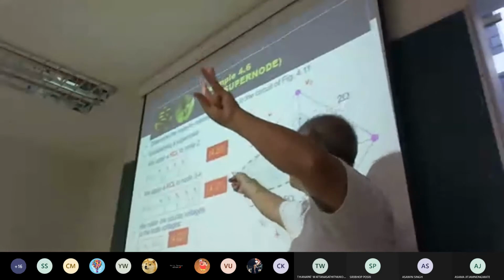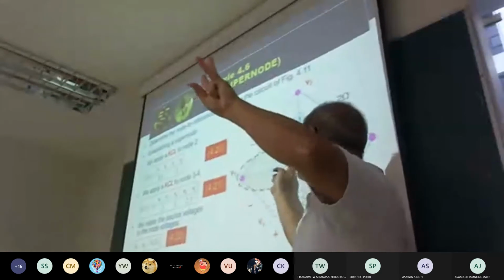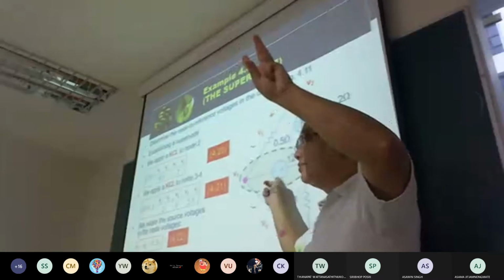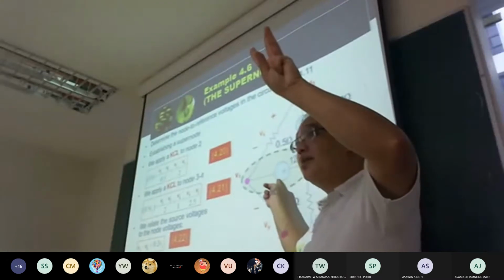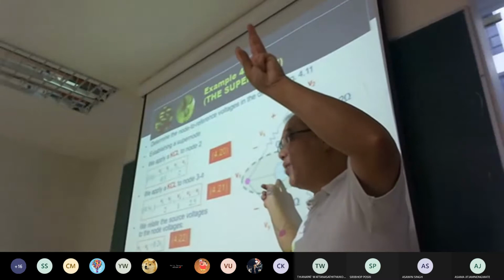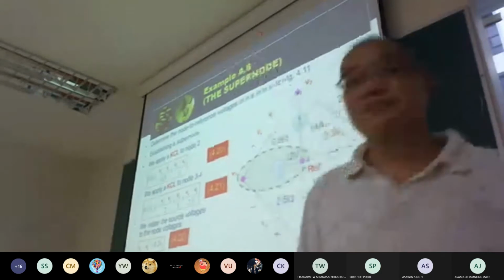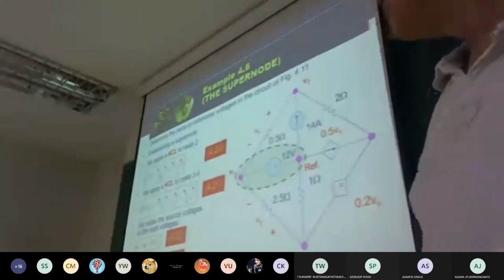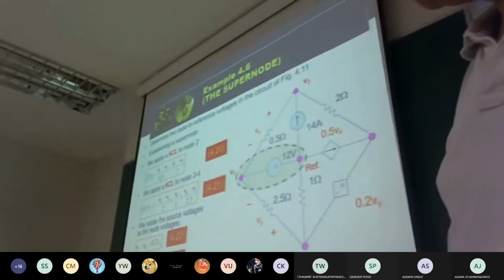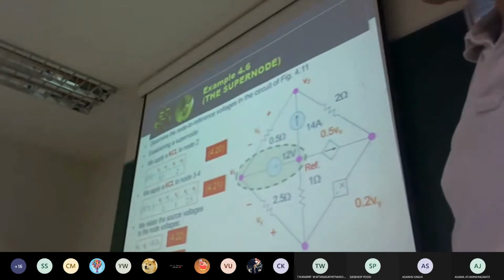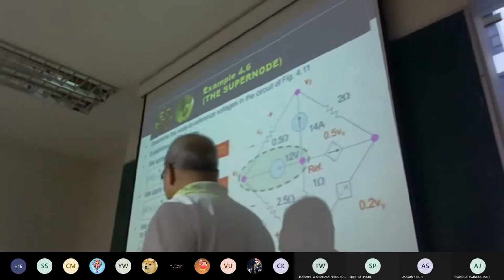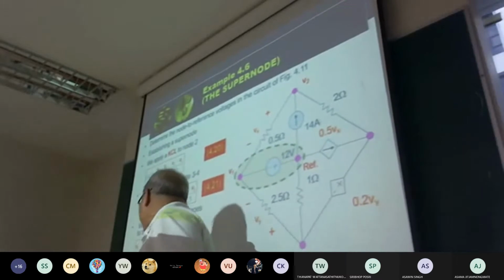In this case, from V1 and 0 and 12, you can conclude that V1 equals minus 12. And here we try to extract Vy and Vx.